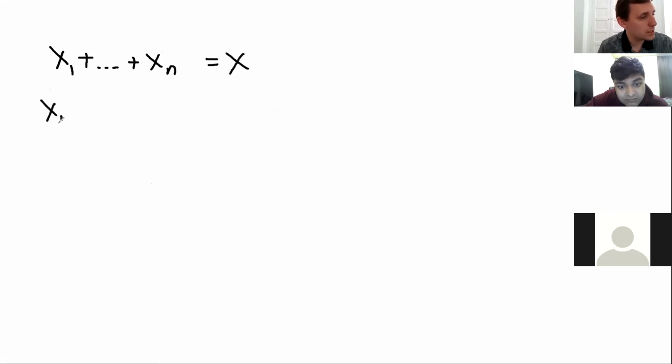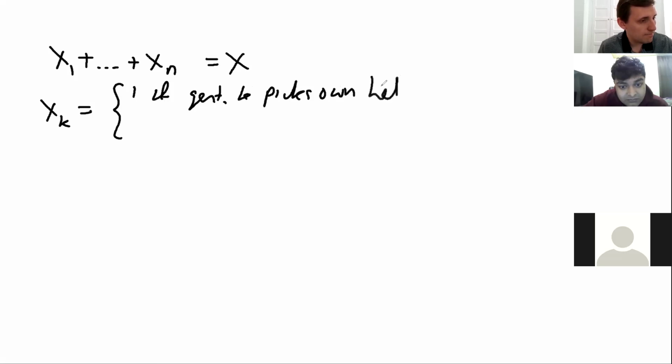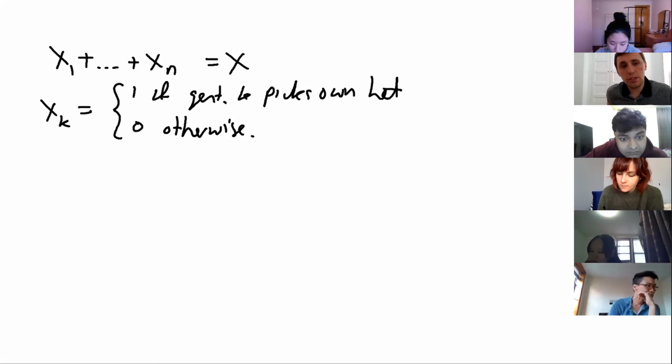I would say that xk is equal to 1 if gent k picks his own hat and 0 otherwise. Yes, you see what I did, guys? So that will allow me to very easily calculate the expected value.